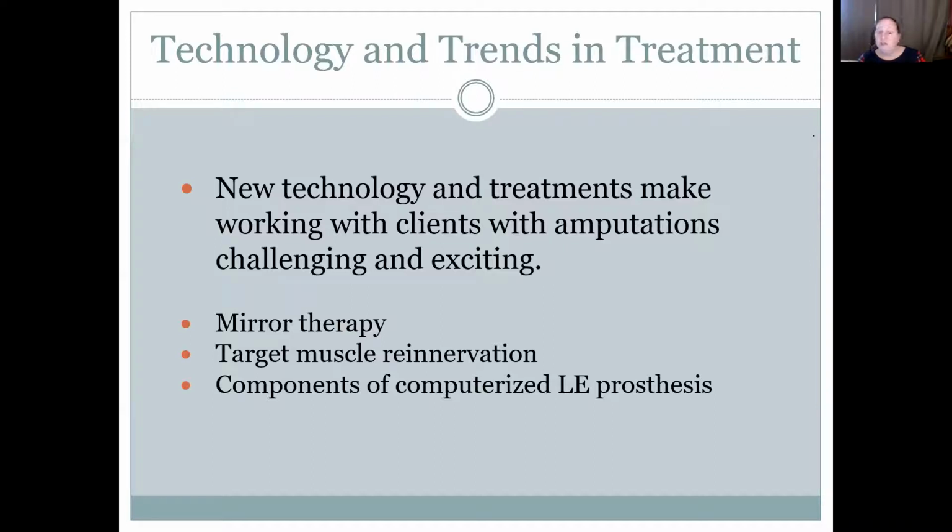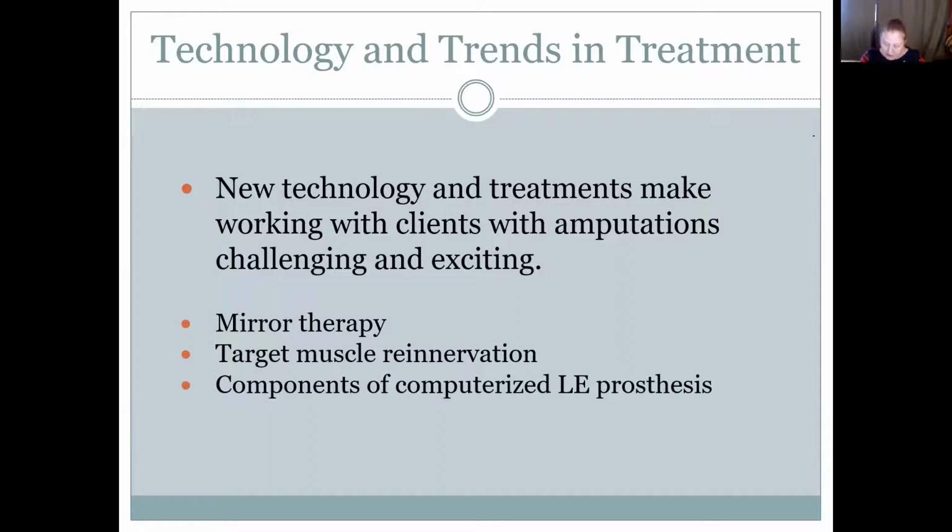Target muscle reinnervation, okay? That is all about working in a very specific location to make things work again, okay? Such as body-powered prosthesis. And then we have the components of computerized lower extremity prosthesis. Almost like AI, they have microchips in them, and it talks to the brain and back and forth, and you just want to move forward, and it just walks you forward like a normal limb. So that does exist.